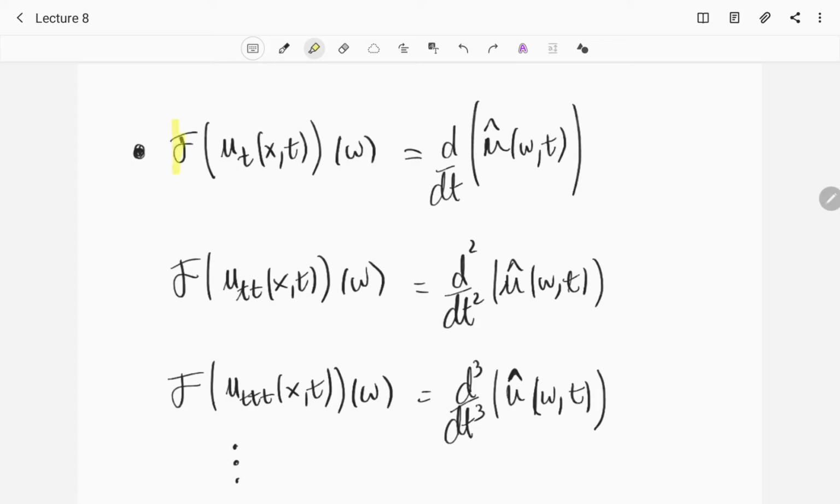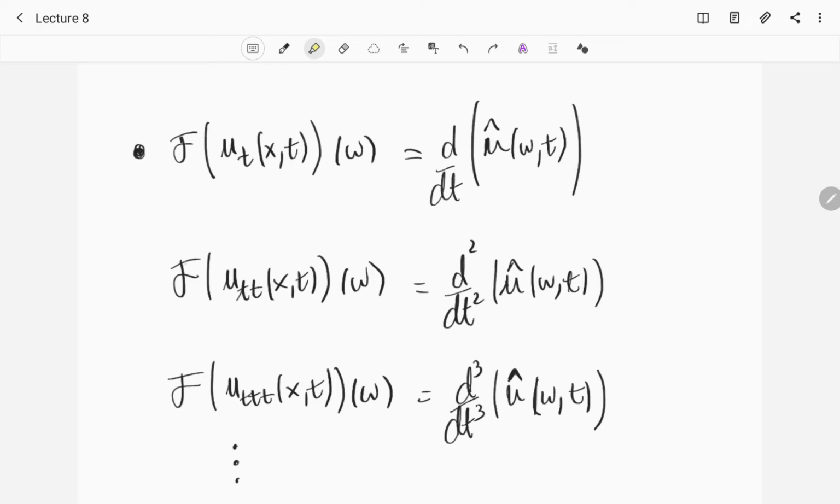Remember that we Fourier transform the function with respect to x. So all the derivatives that are taken with respect to t go out of the Fourier transform. Okay, so if we want to compute the Fourier transform of the derivative with respect to t of our function u, that's exactly the same as having the Fourier transform of u, and after that differentiating with respect to t.